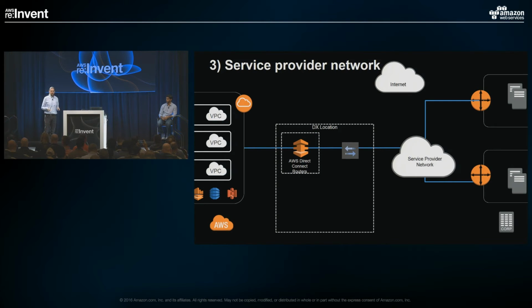Many large providers are also partners of ours, and they offer a managed solution. So you may recognize brand names like AT&T NetBond, or Verizon SCI, or Level 3 Cloud Connect, or Equinix Cloud Exchange. When you use these options, the AWS region becomes another location in your MPLS network.